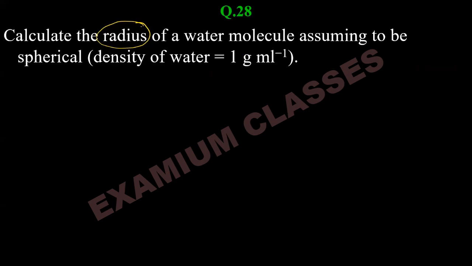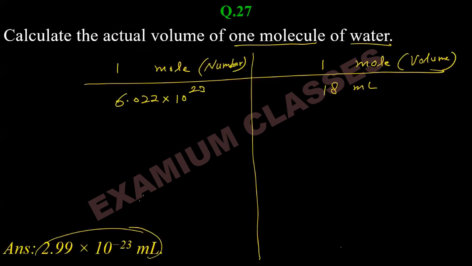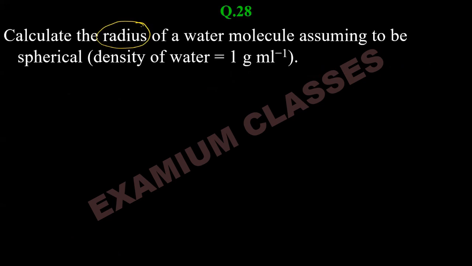Density is here, and volume you have already calculated. Volume of one molecule you have calculated 2.99 into 10 power minus 23. So from there, obviously, you will first calculate the volume.